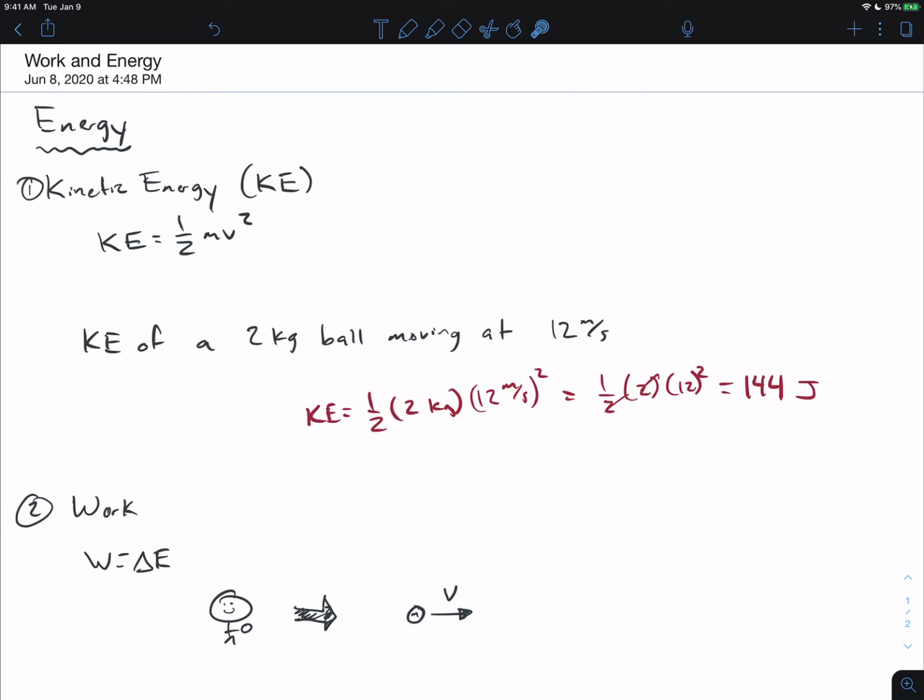So we're going to look at the transfer of energy. One way we can do this is relate the change in energy of any object to something called work. For work, I actually do want to put a little vector symbol here. I'm going to define this as my change in energy.